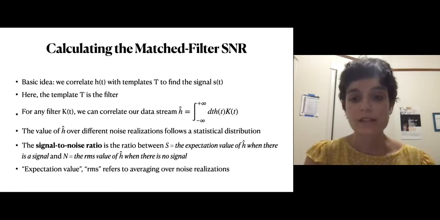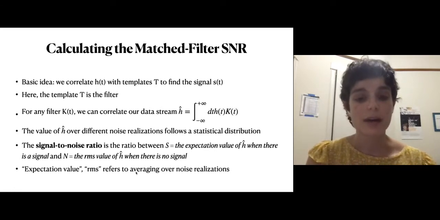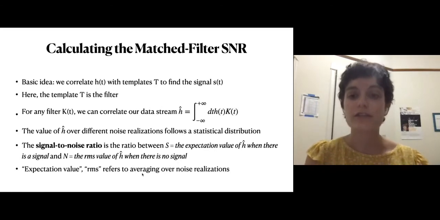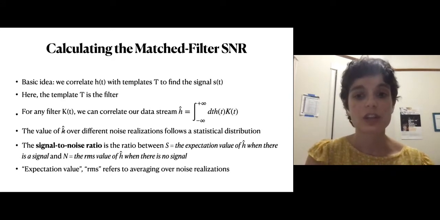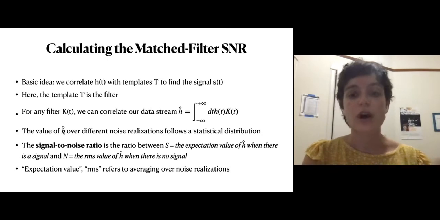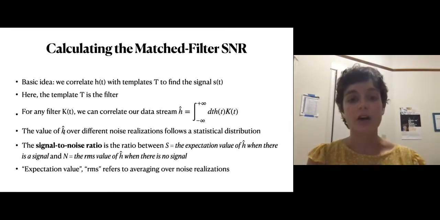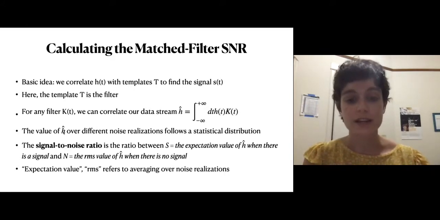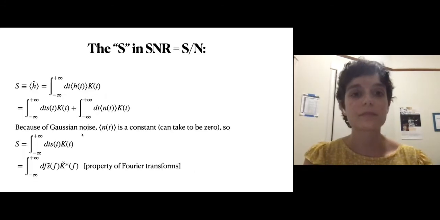So these words, expectation value and RMS, are referring to averaging over noise realizations. So basically h hat is drawn from a statistical distribution depending on the noise realizations, which is a random process that we described in the first part of the talk.